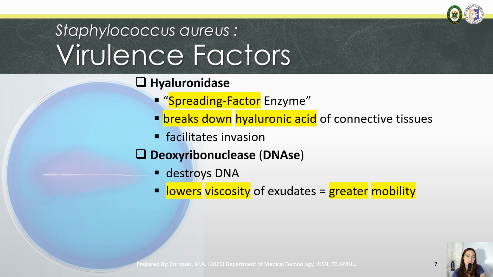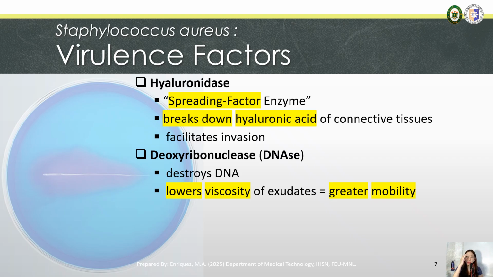Deoxyribonuclease or DNase can lower the viscosity of exudates by destroying the DNA content of these substances, which would also give Staphylococcus aureus more mobility katulad ng hyaluronidase. So it would facilitate the invasiveness of Staphylococcus aureus. All right, so both hyaluronidase and deoxyribonuclease decrease the viscosity of our tissue fluids, all right?